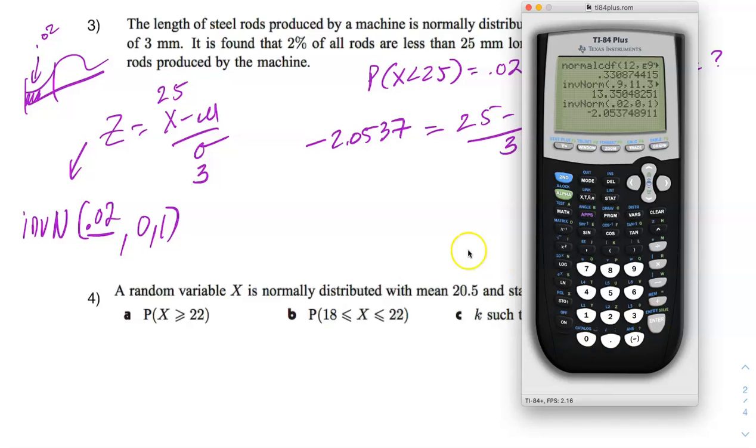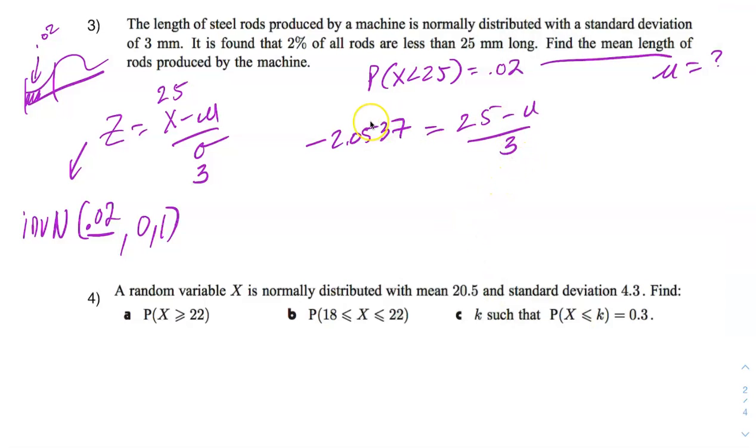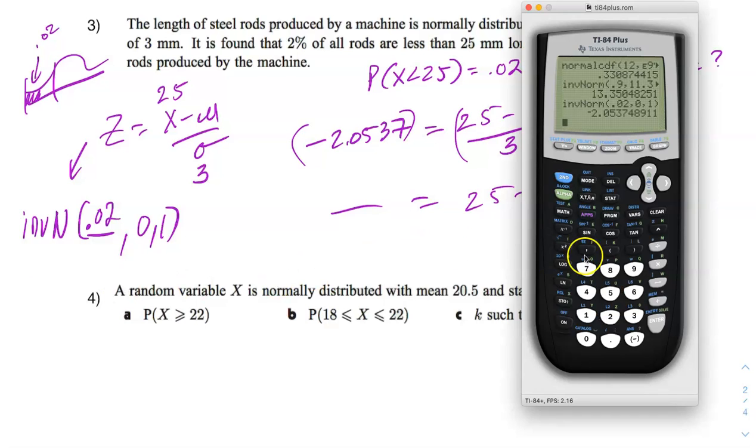So we have that. And then it's just a math problem. We're going to times it by 3, like z times 3 equals 25 minus mu. So let's do that real quick. We'll times that by 3. I get negative 6.16.